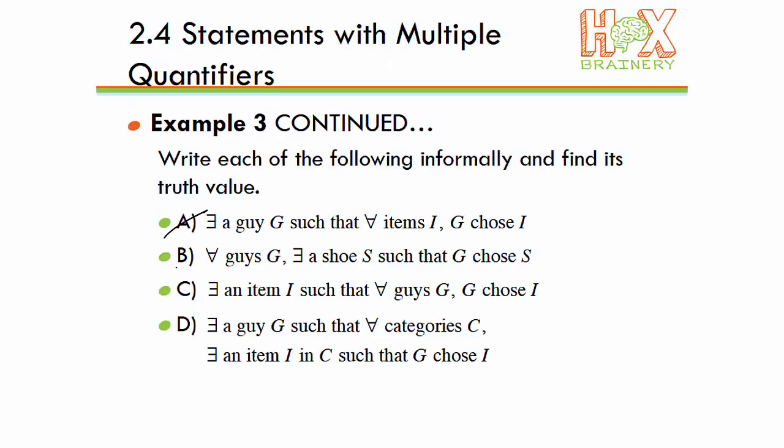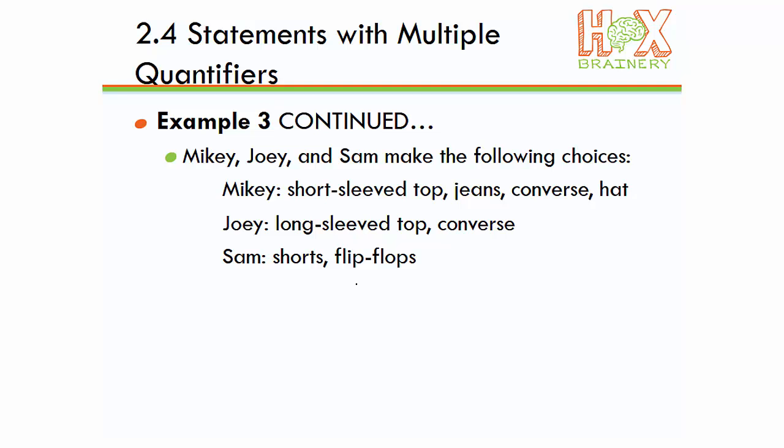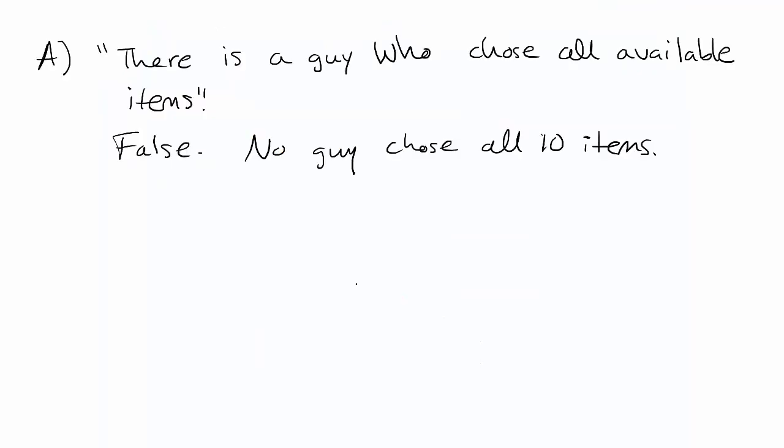Now part B says, for all guys G, there exists a shoe S such that G chose S. So if we look at all guys here, we're trying to figure out if all the guys chose some pair of shoes. So let's write this informally first. And this would be every guy chose some pair of shoes, at least one pair of shoes.